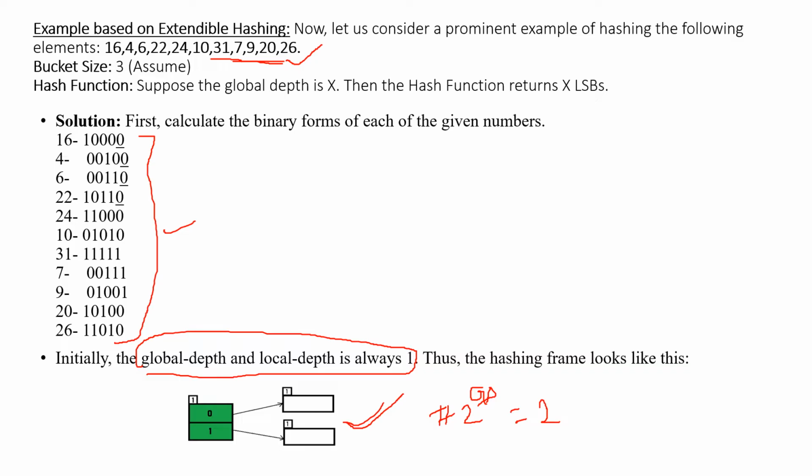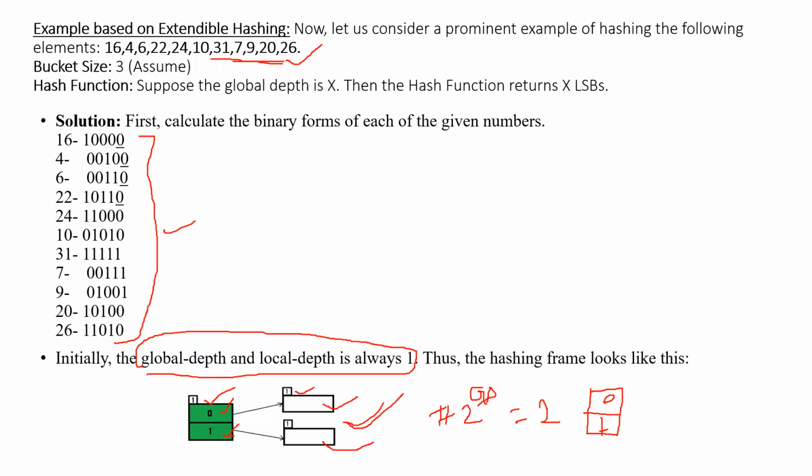Extendable hashing works on bits, so the bits are 0 and 1. 0 is one directory ID and 1 is the other directory ID. 0 points to the 0th directory bucket and 1 points to the 1st directory bucket. This is the local depth. Local depth is associated with the bucket and global depth is associated with the directory.